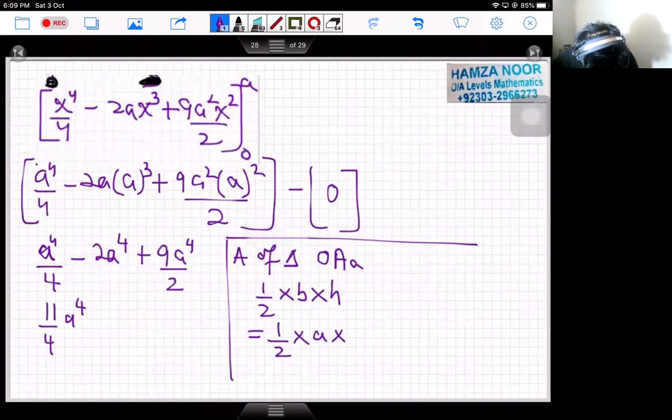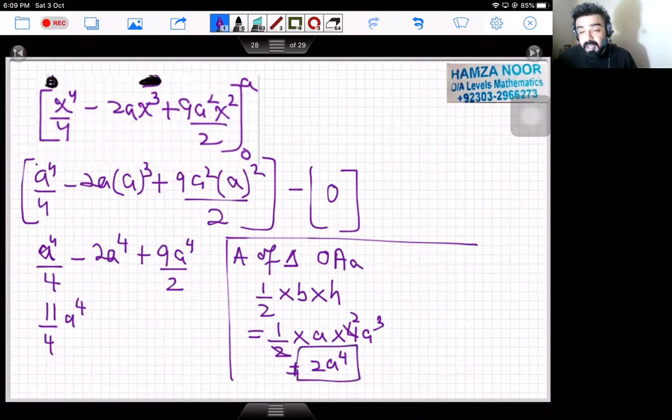Okay, so 2 ones are 2, 2 twos are 4, so your area of the triangle is 2a raised to the power 4. Height is basically 4a cube. Okay, this is your area of the triangle.